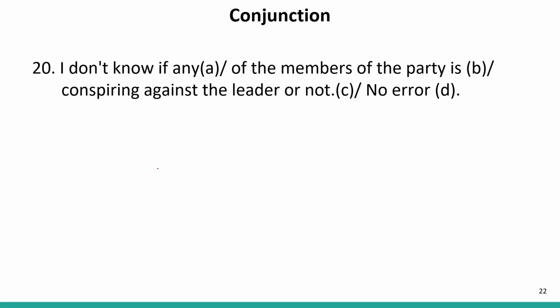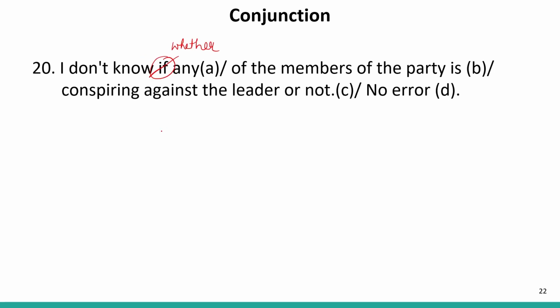Now let us move to the next question. I don't know if any of the members of the party is conspiring against the leader or not. Now, this is an or not condition, and I have already told you that in case of or not condition, we use whether. So, here if should be replaced with whether.